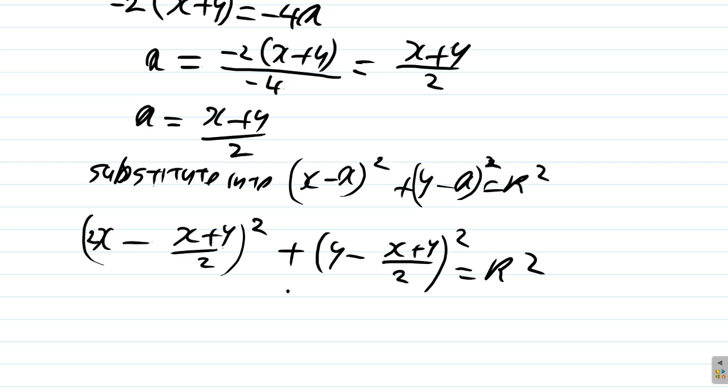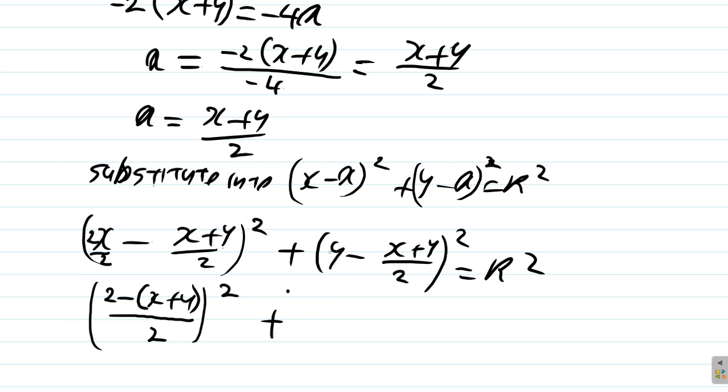We have 2x over 2, same thing as x, right? So for this part, we can just say at the top 2x minus, you have to remember the bracket here, x plus y over 2. All of that is squared, right?